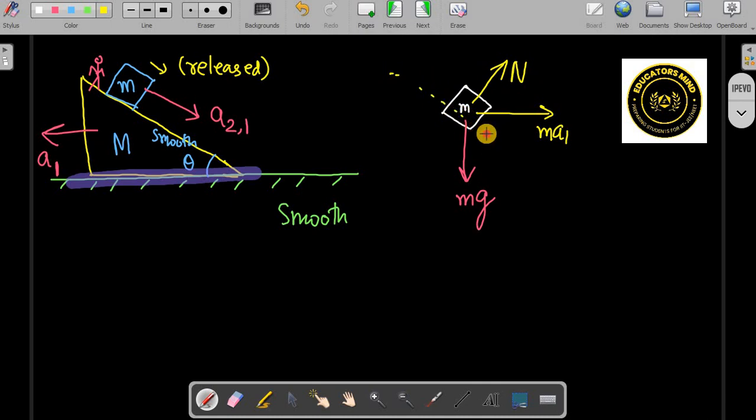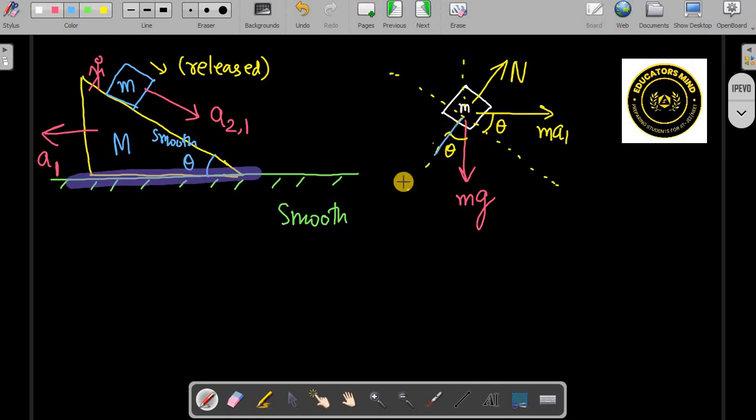And now let us resolve the forces. Which direction are we resolving? We are going to see relative forces, so that means along this direction and the perpendicular direction, right? This angle is theta, so obviously the normal and this will make the same angle theta here also. Now we need to resolve the forces along the plane and perpendicular to the plane.